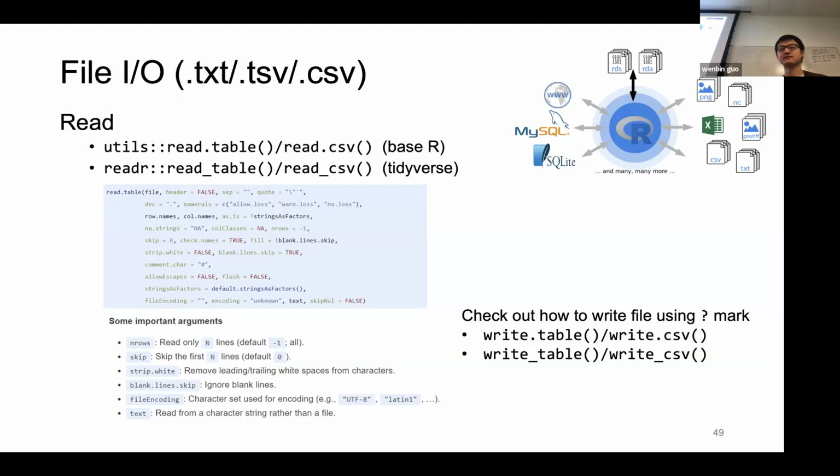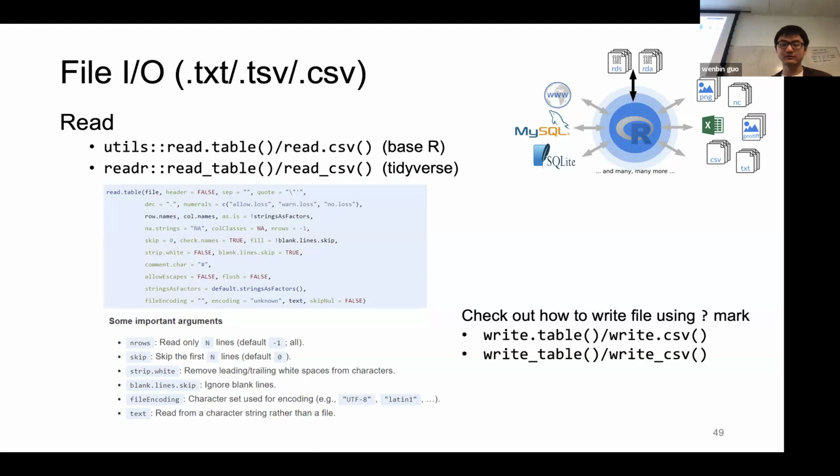For example, if it's a CSV file, the separator should be a comma. If it is a TSV, meaning a tab separated file, it should be \t, which stands for a tab key.